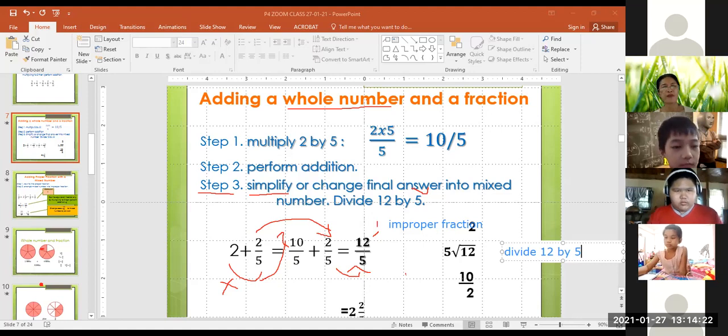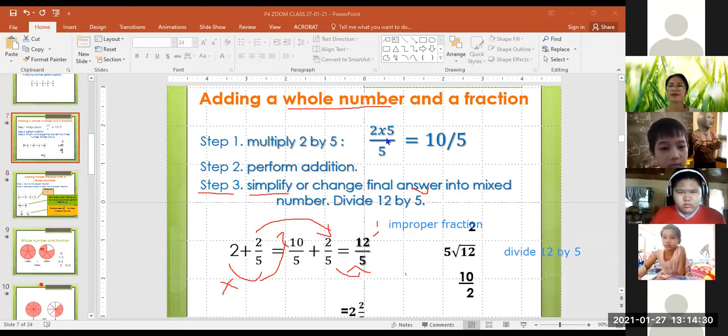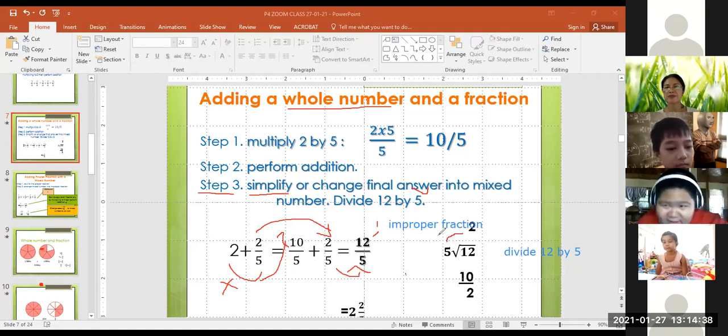2. 2, very good. Now, do you have a remainder? Now, 2 times 5 is equals to 10.